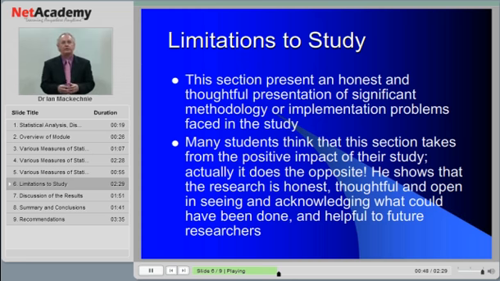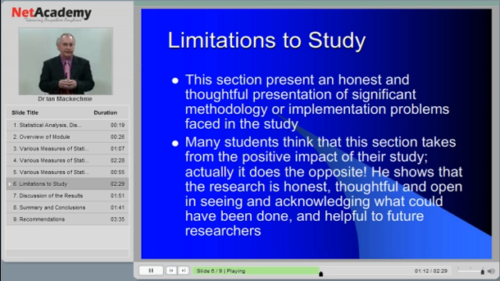Well, what we need to do and realise as researchers is that our study is always far from perfect. As we go along in our study, we realise that perhaps there are factors that we should have considered. There are limitations to the data that we collected, that we faced all sorts of problems. Now, this is a section where we acknowledge these problems.